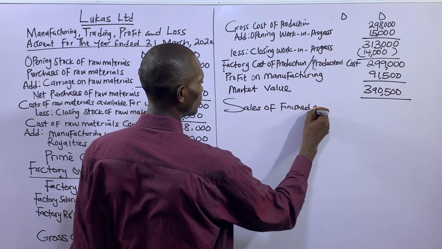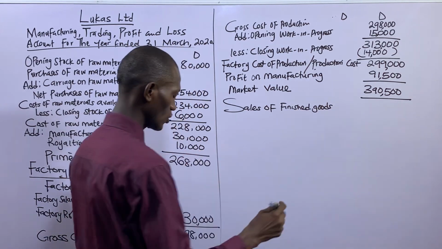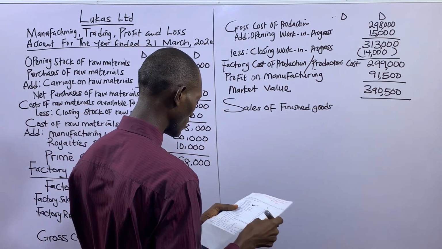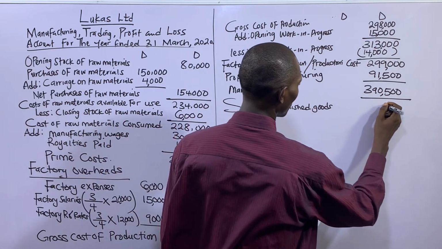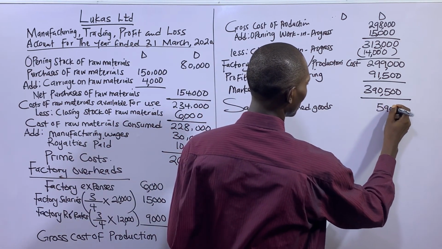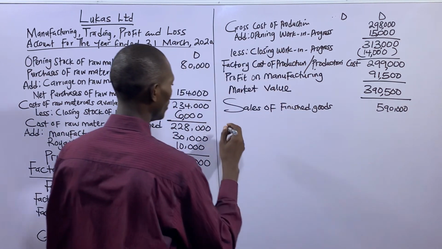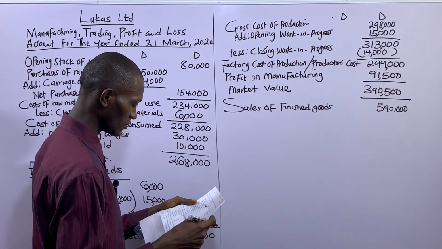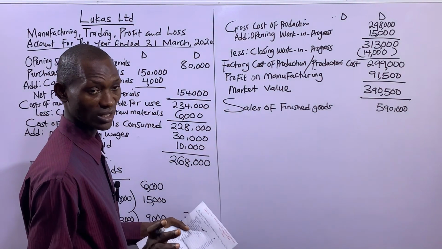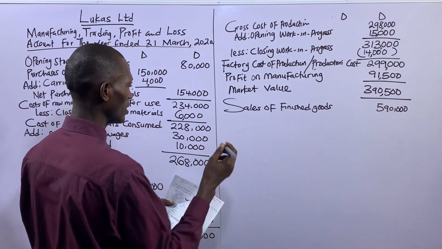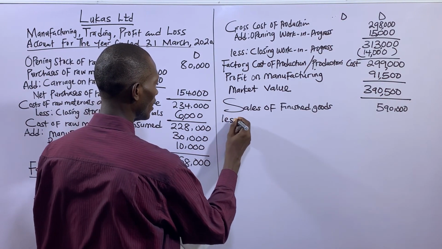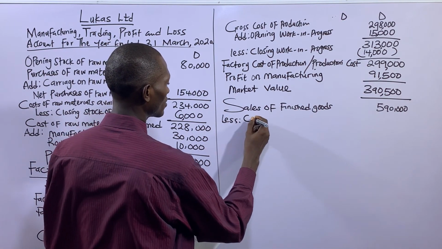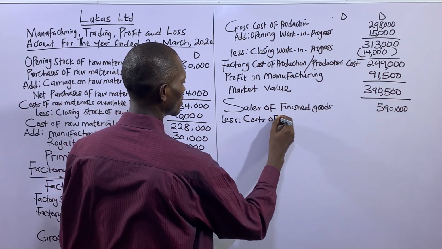Sales of finished goods in the question were given as 590,000. If there is a return invoice, we will less it, but in this question we're not given anything that relates to that. So then we less cost of sales.